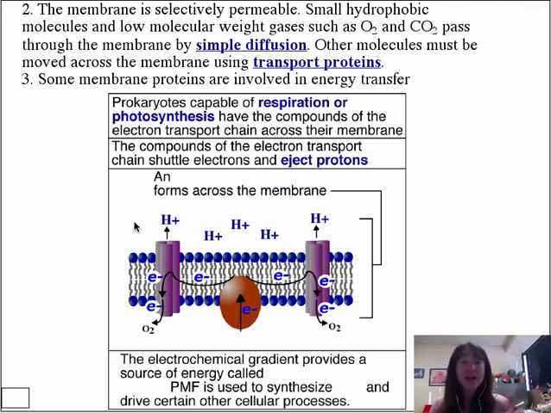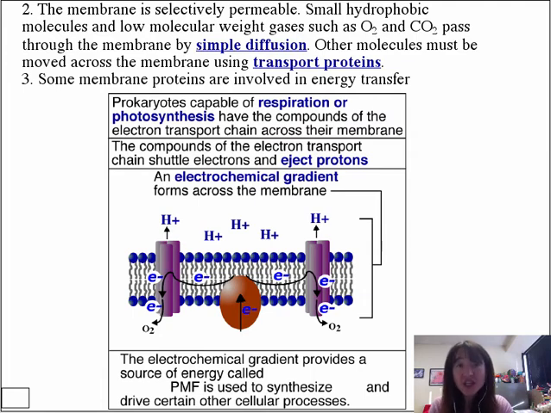This is very similar, right? A proton gradient is a lot like that pent-up water that's at higher ground that can turn the turbine. These protons are pent-up force that can rush into the cell, and they can turn a machine that makes ATP. So this is a very similar sort of process. So this electrochemical gradient can be tapped into to make energy.